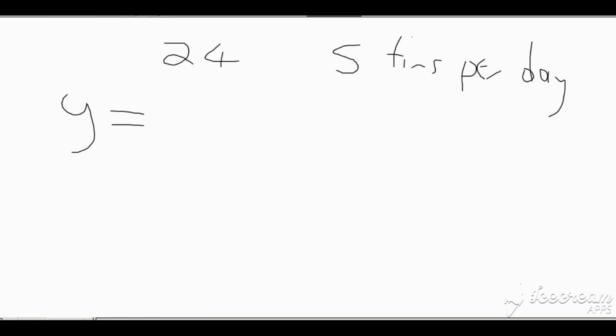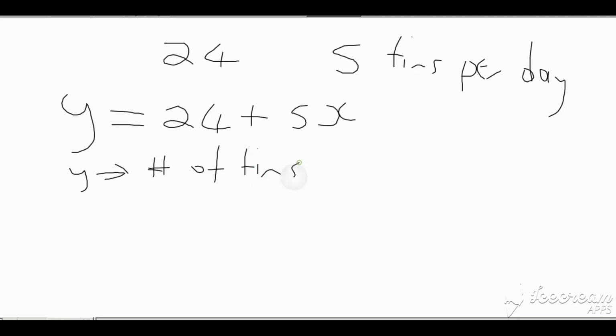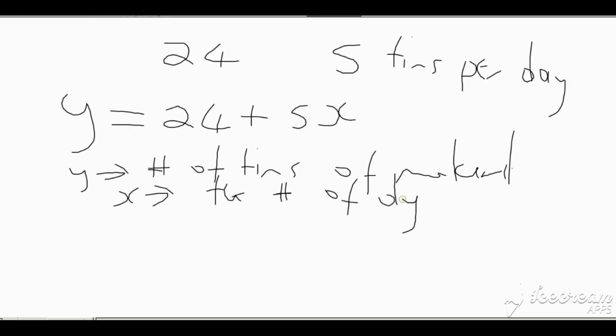Bear in mind that initially you had 24 tins, so 24 is a constant. Every day you're going to be buying 5, so you're going to have 5, and let x be the number of days. So y represents the number of tins of mackerel, x would be the number of days, and every day you're going to be buying 5.